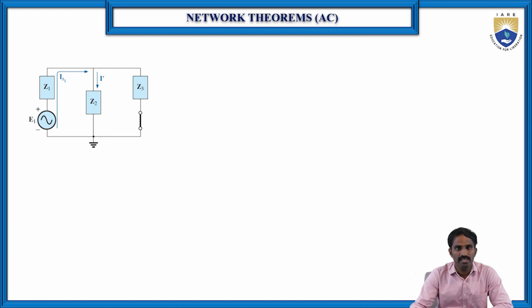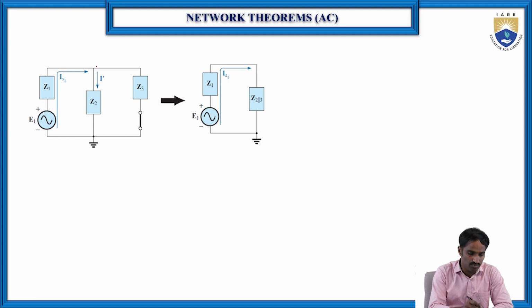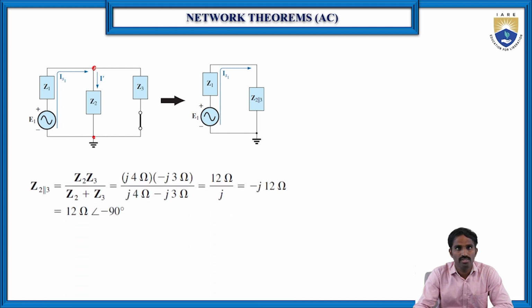If you want to find IS1, first, as we know, Z2 and Z3 are in parallel. So let us find the equivalent impedance across these two terminals, which is Z2 into Z3 by Z2 plus Z3.